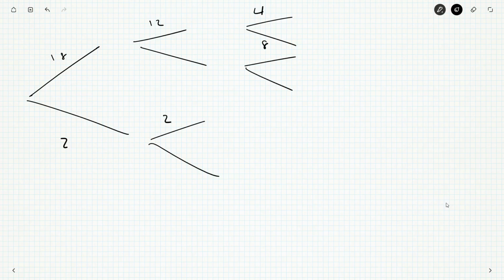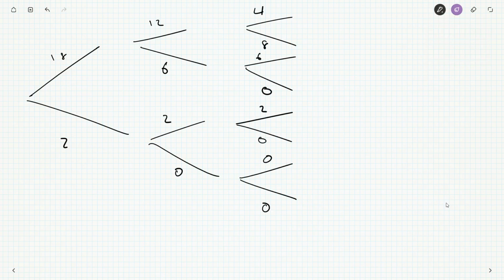Well, that would make G 8, and that would mean the rest of these all have to be zeros here. Then this is going to be 6. So we'll put a 6 here, a 2 here, a 0 here, and a 0 here. 4 plus 6, let's just make sure my numbers add up to 12. 4 plus 6 is 10, plus 2 is 12. Everything worked out, and we have no negative numbers.